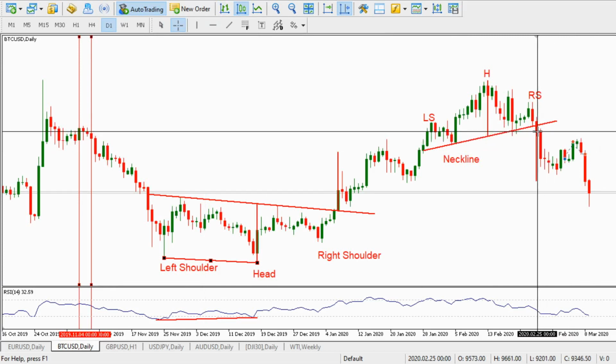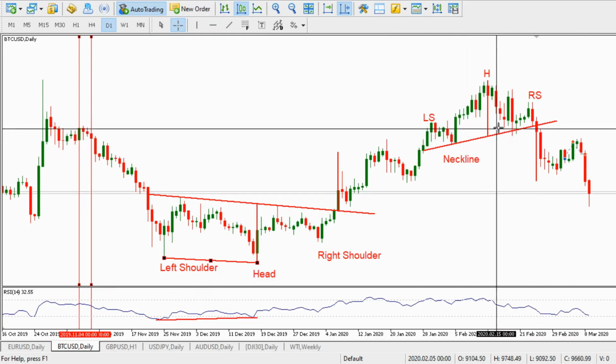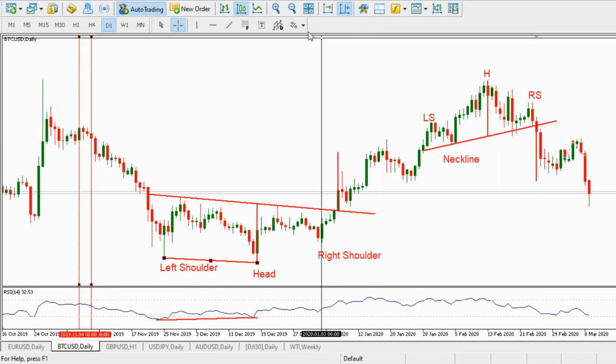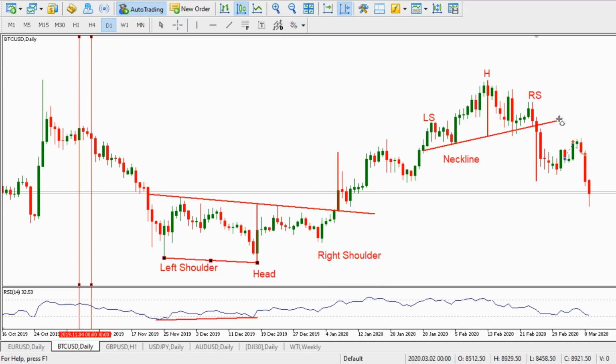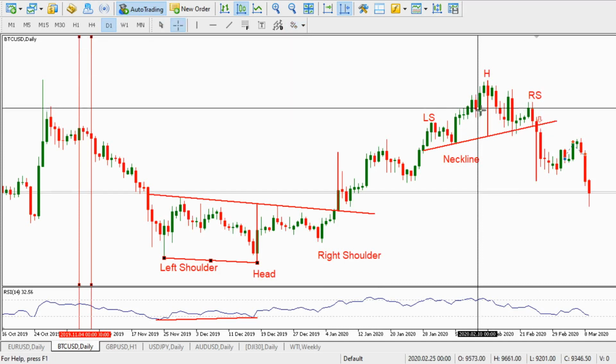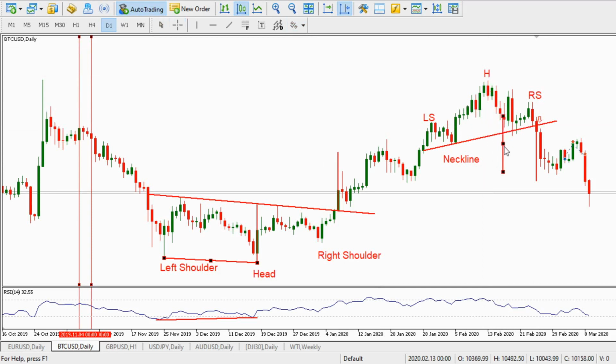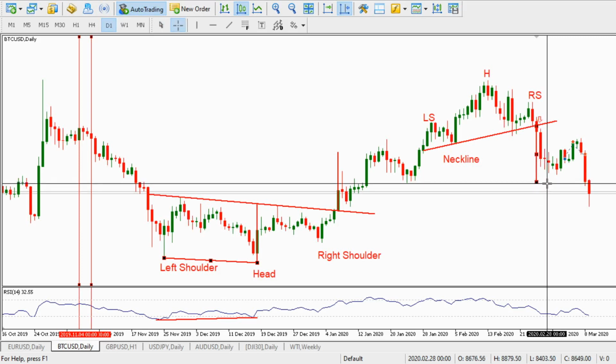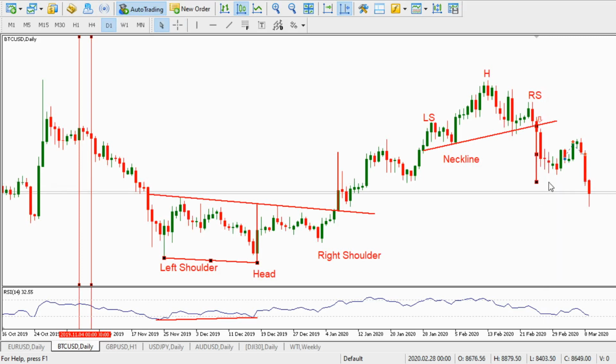It happens exactly right here, when we have for the first time a close below the neckline. Here we've got a signal to sell, and also we have this measure that we discussed, where we may expect our target zone, where we can take our profit from the short position.